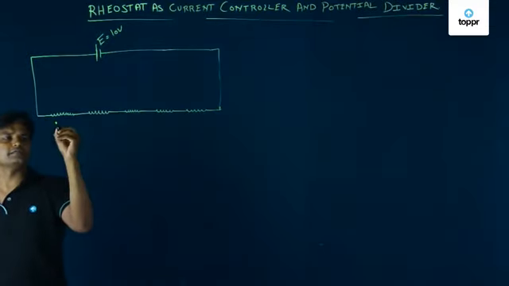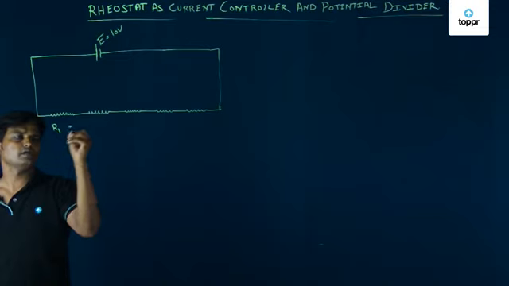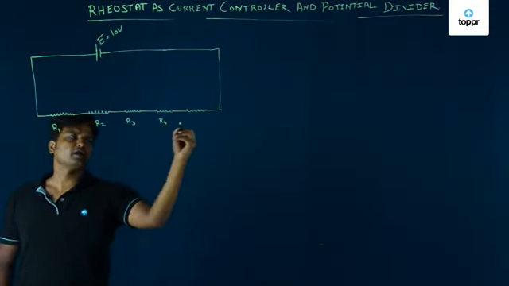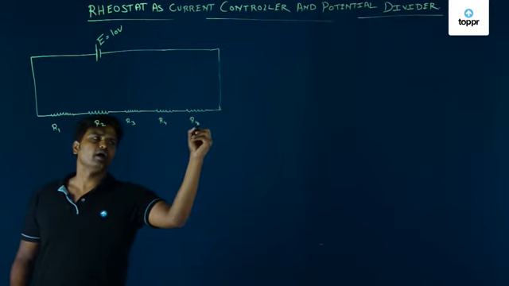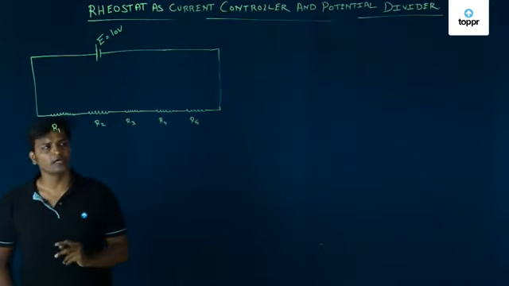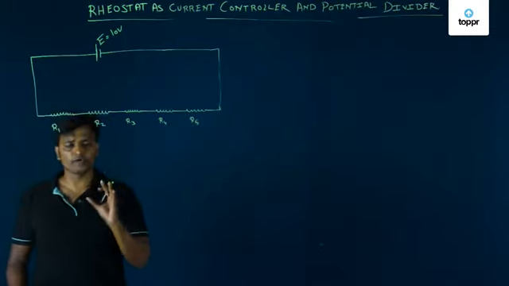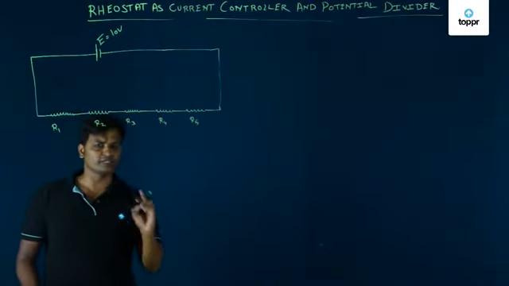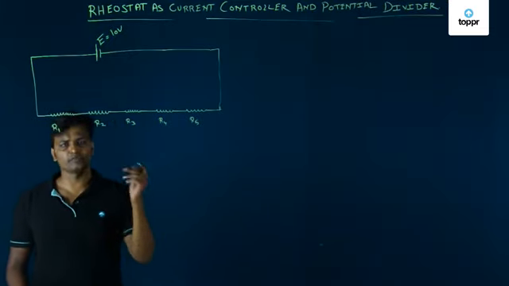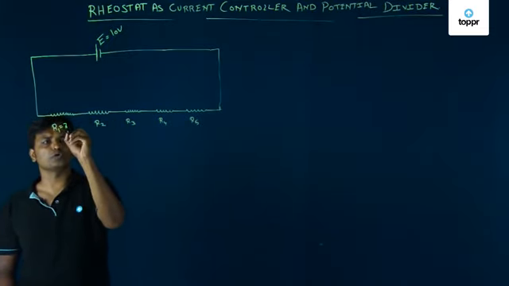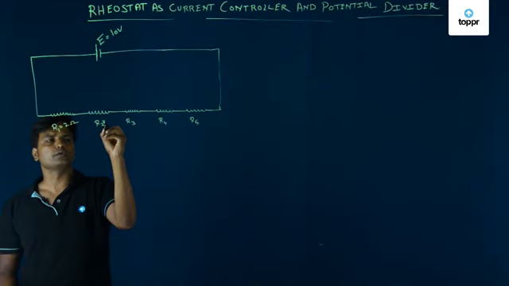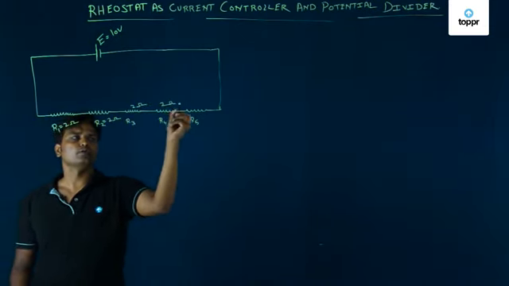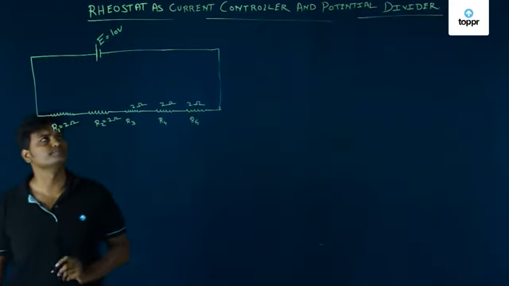Resistances R1, R2, R3, R4, R5. Currently we are assuming that the resistance of these resistors is the same, which is equal to 2 ohm. So this is also 2 ohm, 2 ohm, this is also 2 ohm, 2 ohm, 2 ohm.